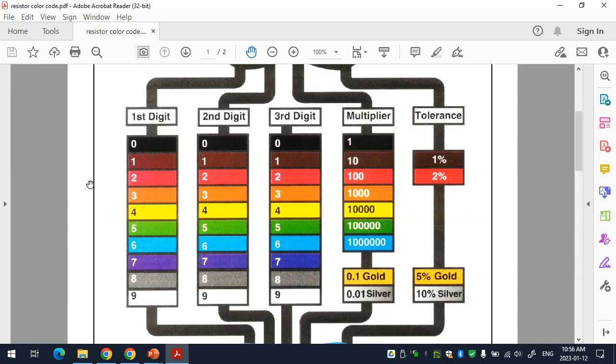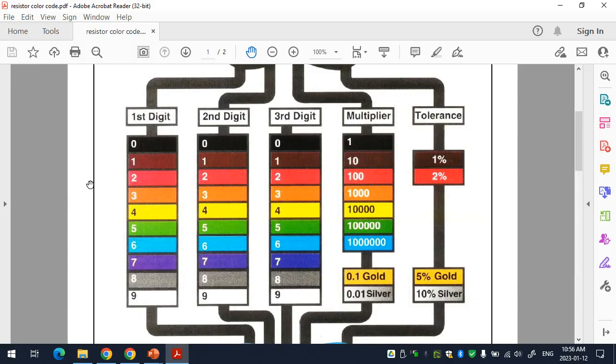The second color is the second digit. We don't have a third digit because this is only 4 bands. So you only have two digits, and then your third one is the multiplier. The multiplier is basically what power of 10 you use. What power of 10 for black? And what's the last color?